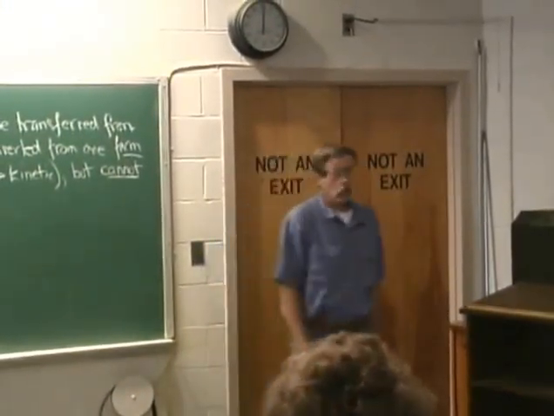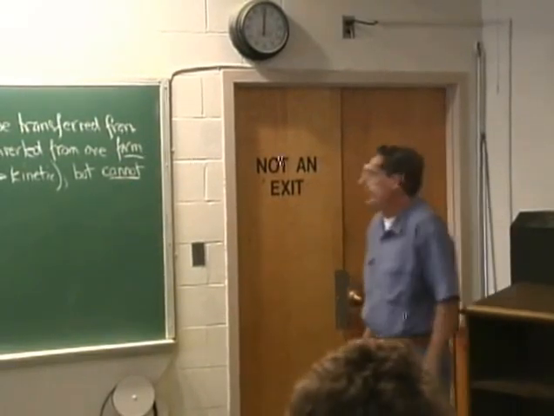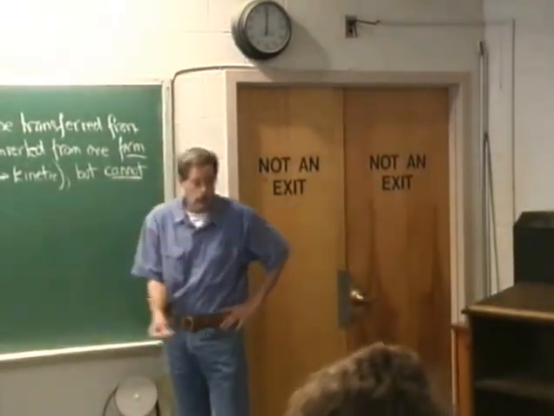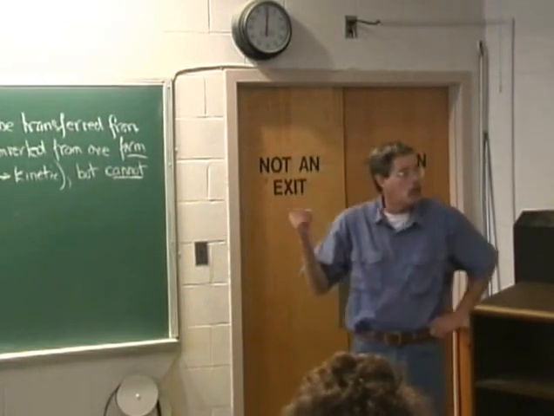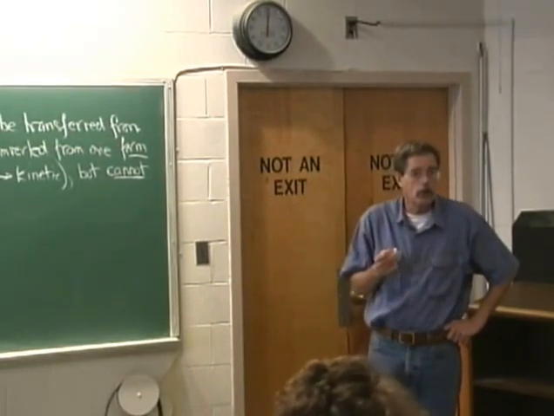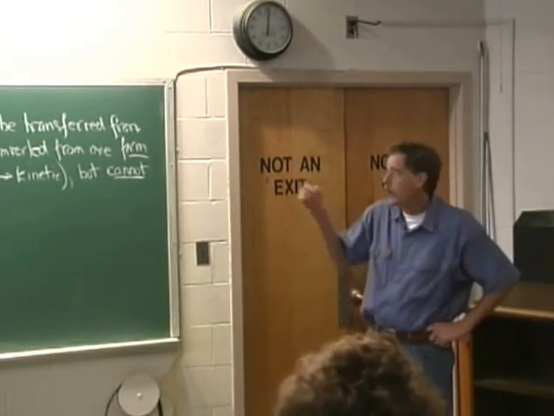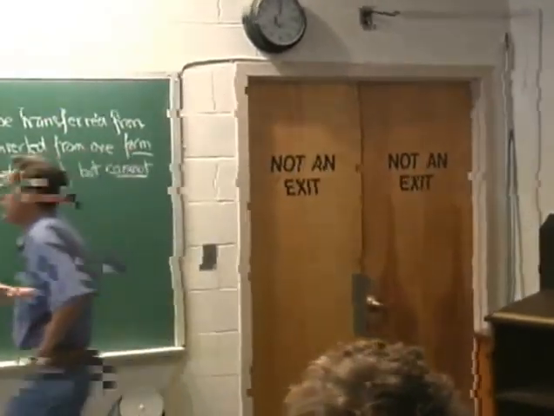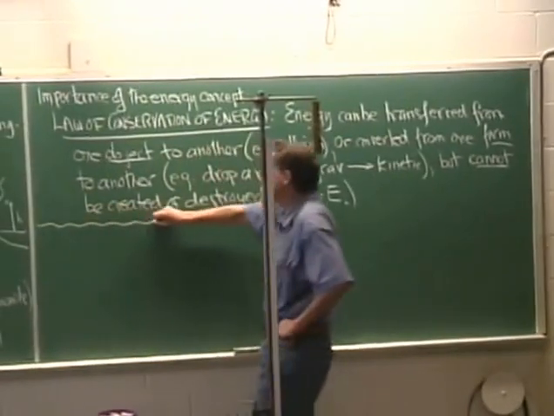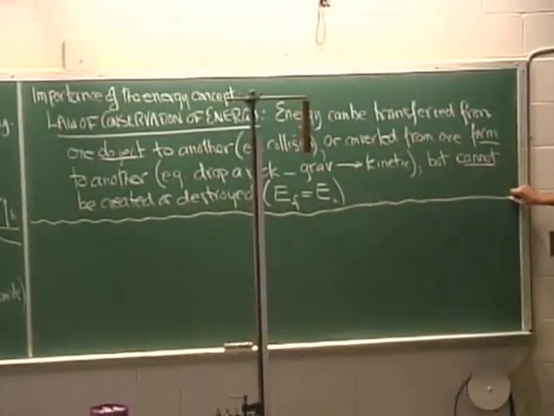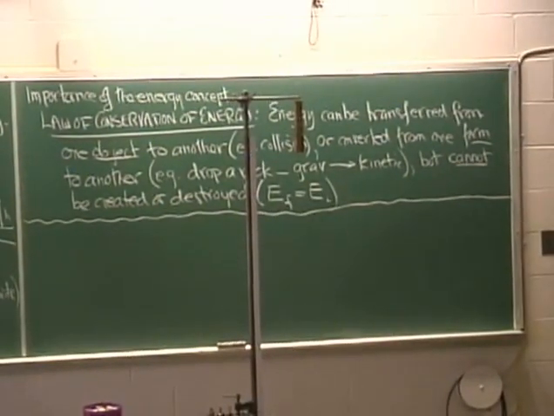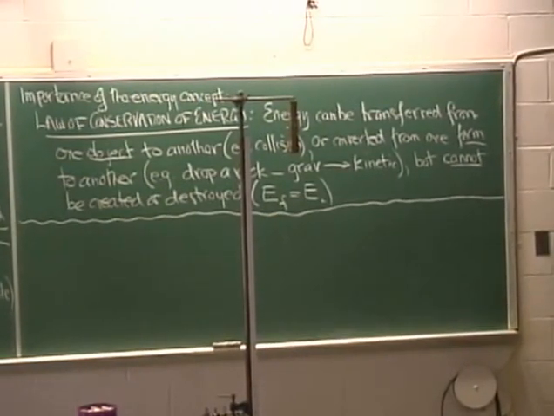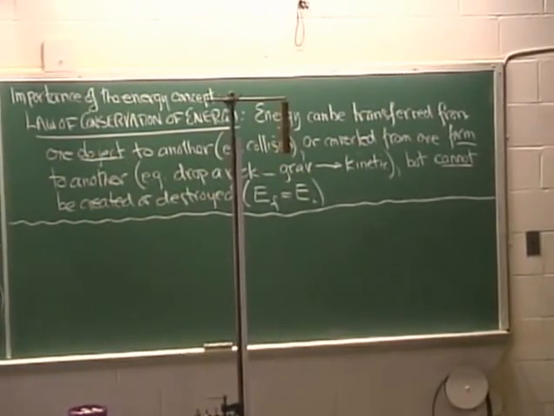conserve energy? We now believe, physicists since the mid-19th century, that the law of conservation of energy is deeper and more general than Newton's laws of motion. In its general form, as just stated, you're never going to be able to derive it from Newton's laws alone, although you can sort of derive it for special cases.